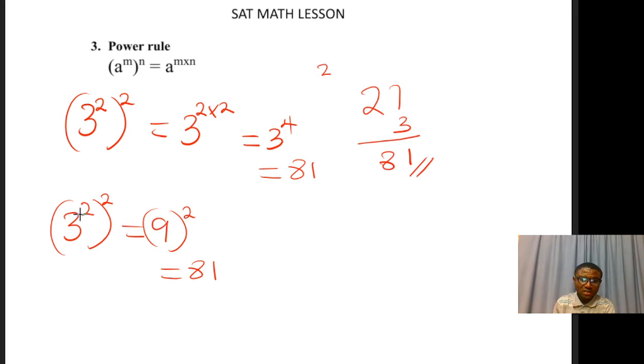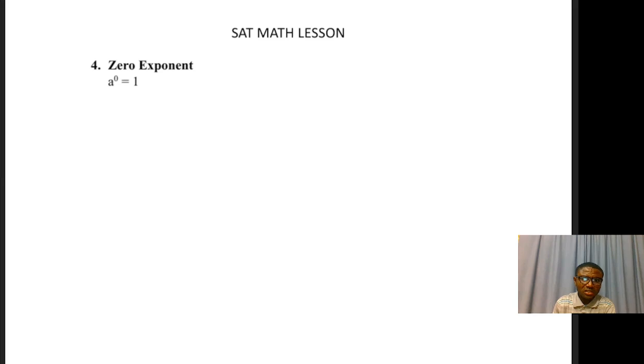So you can see that this and this give us the same answer. So approaching it using what this rule says makes it easier and faster, right? Then let's go to the next rule, which is the zero exponent.